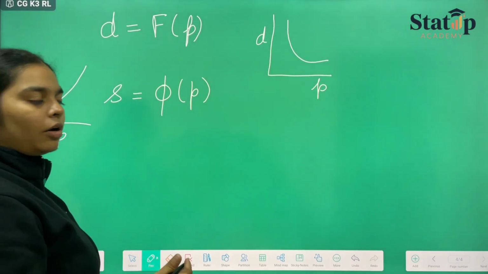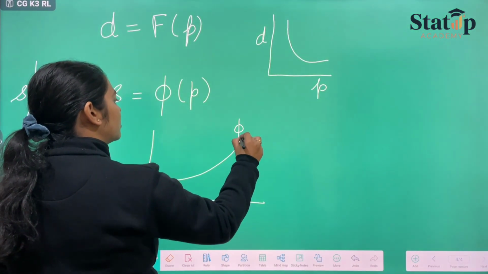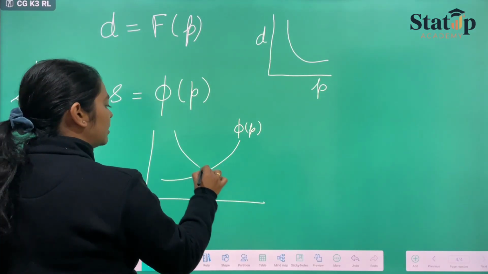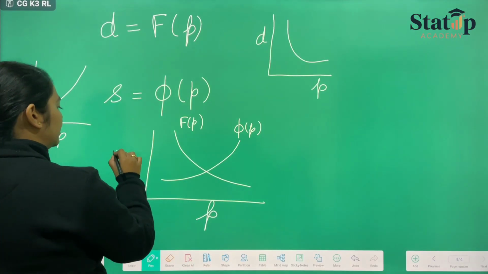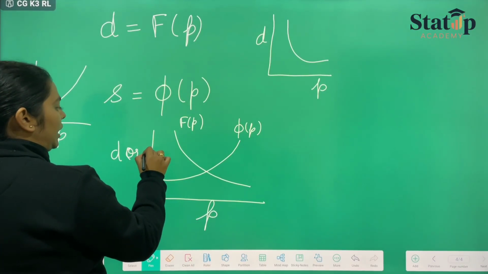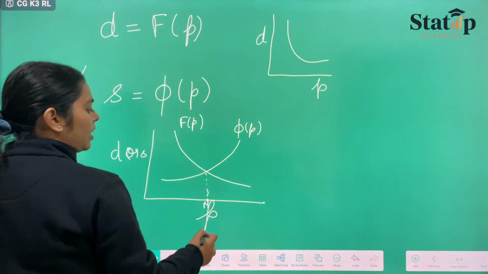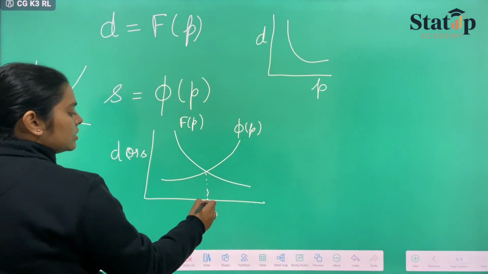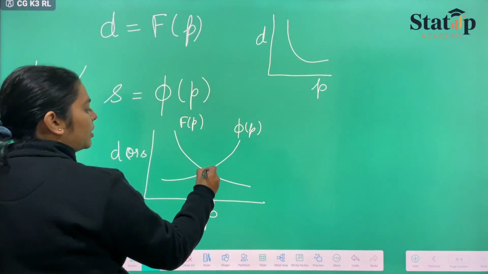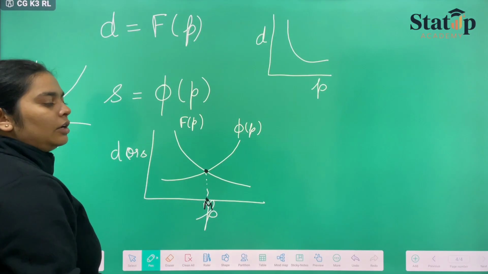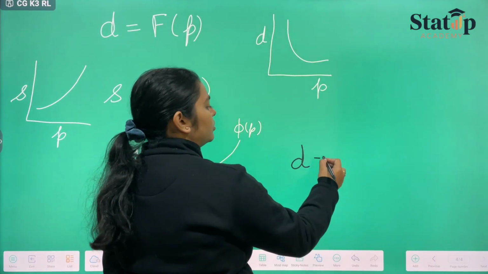For the law of demand and supply, this is the supply function and this is the demand function, and this is the price. Here we got one point M, which is where the price at which both demand and supply are equal, and this point is known as the point of equilibrium, where demand is equal to supply.